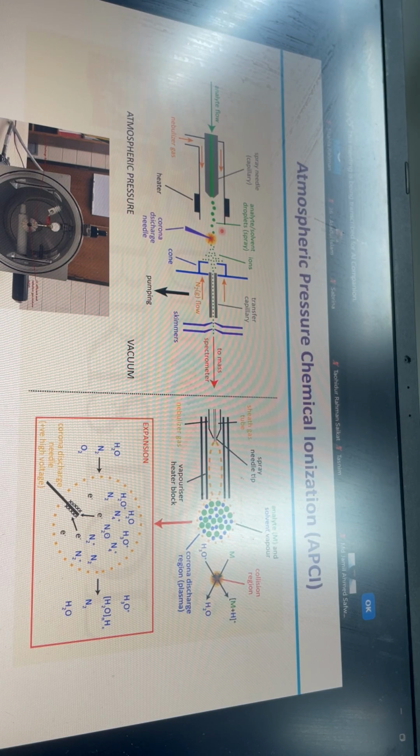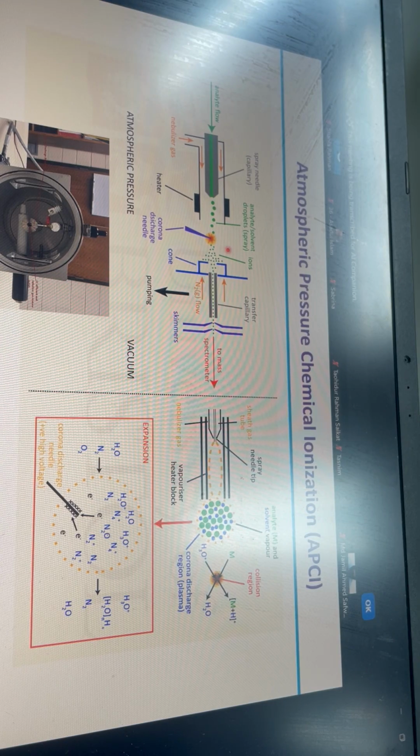So then they introduce nitrogen gas instead of methane, ammonia, or isobutane. But they also found that they were not detecting any molecules, because nitrogen is so inert that it's very difficult to ionize. So then they introduce a secondary electrode that can actually ionize the nitrogen.